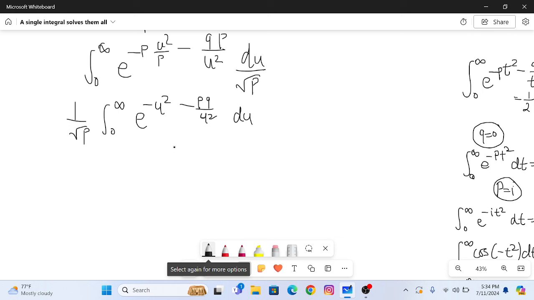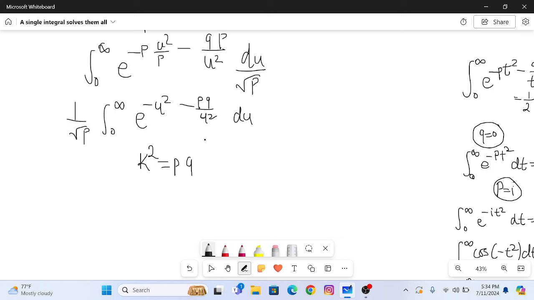Now the next step is to try to reduce this pq again into a single variable. So for that, I will treat this pq as a constant. Let's say k is the geometric mean of p and q such that k square is pq. Now I could have just let it be k, but the reason I have let it be k square is that while differentiating in Feynman's technique, this will give me k square in the denominator, which will again simplify the substitution, which we will see in the upcoming time.